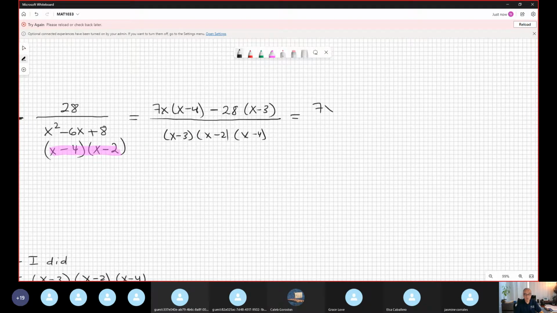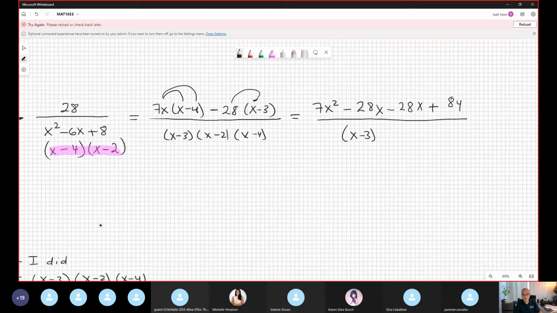So, 7x squared minus 28x. Now minus again 28x plus, in that case, 28 times 3. What I put in the calculator, 28 times 3 is 84. 84 divided by x minus 3, just copy this part, x minus 2, x minus 4.